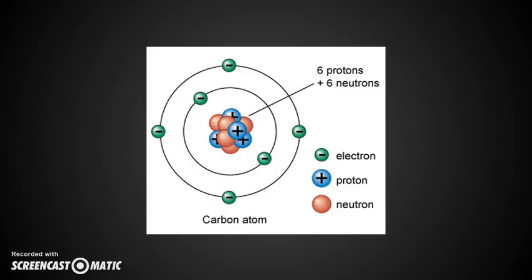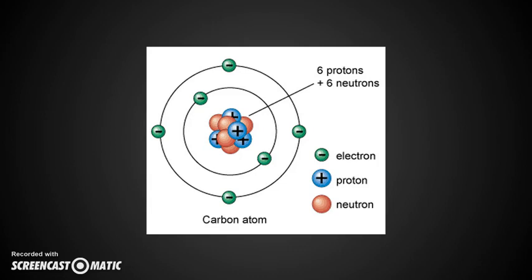So if we look at this picture, this is a picture of a carbon atom. A carbon atom has 6 protons, 6 electrons, and 6 neutrons. It has an atomic mass of 12. Now, each proton and each neutron contributes to the atomic mass, but the electrons do not. The electrons are so small and move so quickly that they are negligible in the mass.